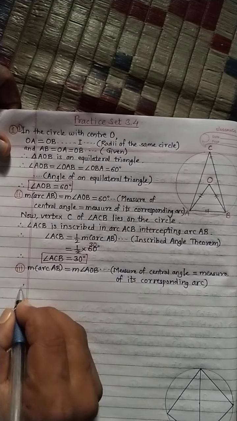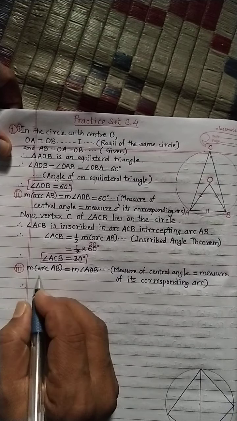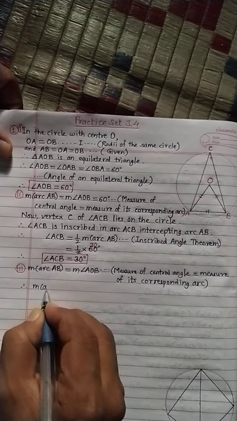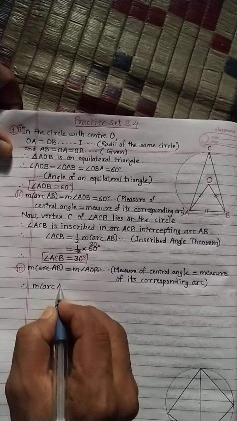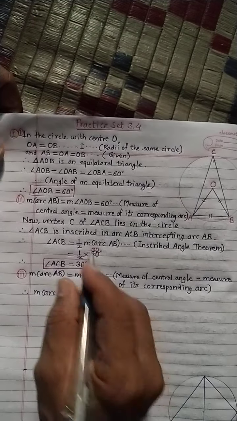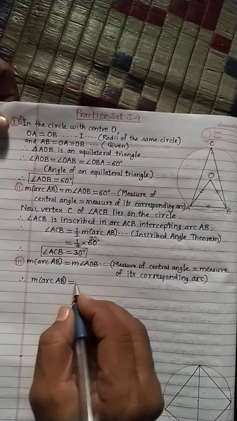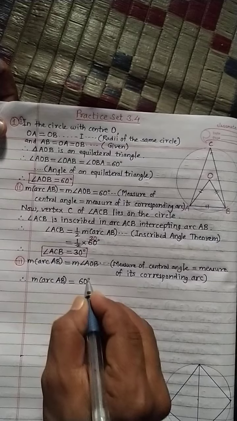Okay, so here measure of arc AB is equal to measure of angle AOB. Angle AOB is equal to 60, so measure of arc AB is also equal to 60 degree.